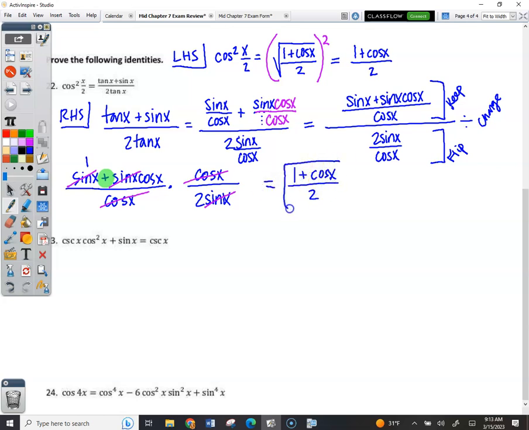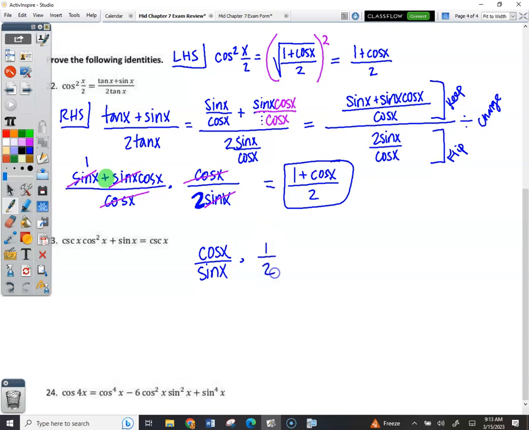How do you still have a 2? Right here. But isn't it canceling out because of the sine? No, this 2 is a product. It's multiplying. So how were you able to cancel all those sines then? This 2 has nothing to do with that sine. It'd be like me saying cosine x over sine x, right?